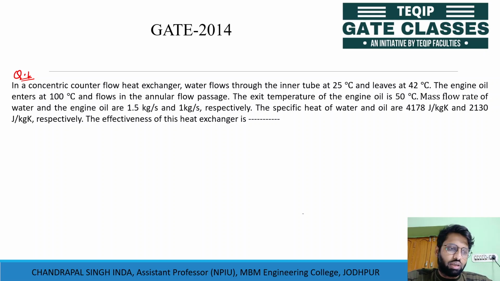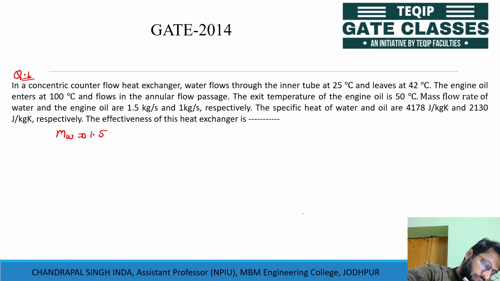So here we know the inlet and the outlet temperatures of both the hot and the cold fluid. The mass flow rate of the water and the engine oil is given. The mass flow rate of the water is 1.5 and the mass flow rate of the oil is 1 kg per second.